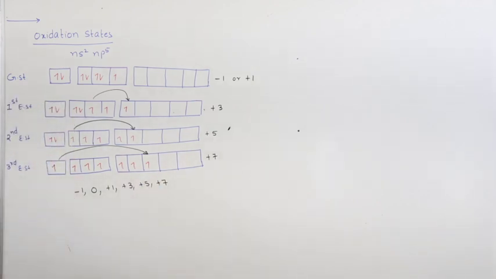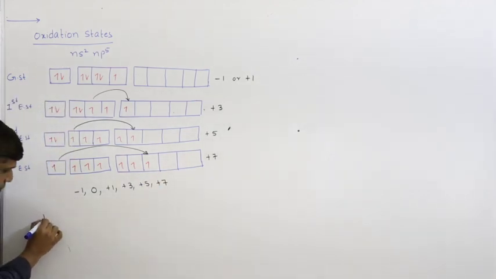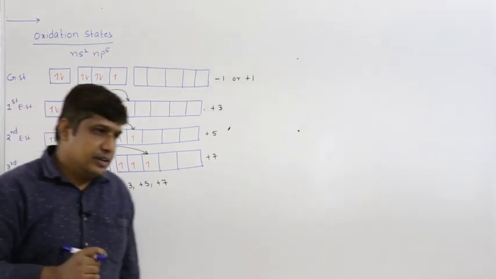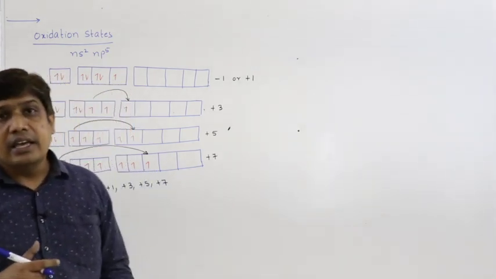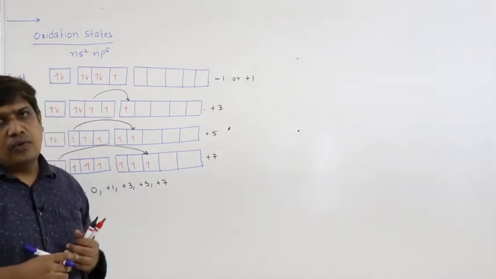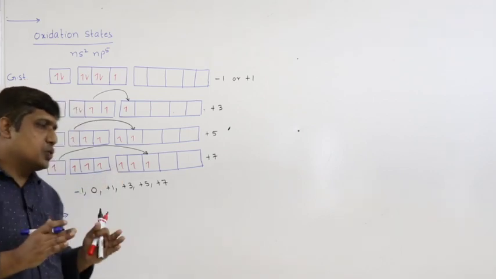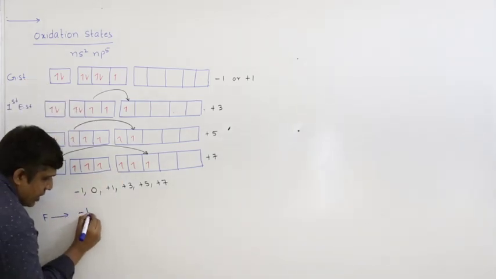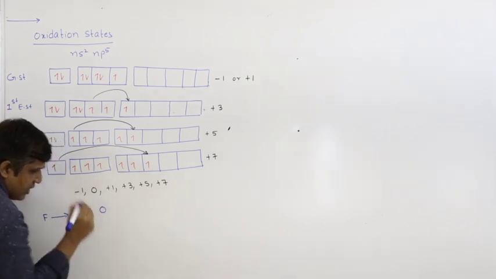So, let us start with each element with fluorine. Fluorine is the most electronegative element and it is a powerful oxidizing agent. Therefore, there is no other element which can oxidize fluorine. Fluorine always shows only one oxidation state in its compounds, that is -1, and 0 in its elemental state.